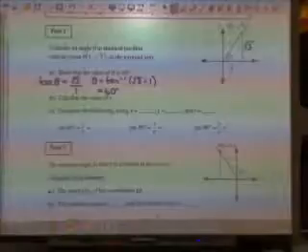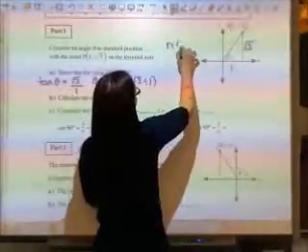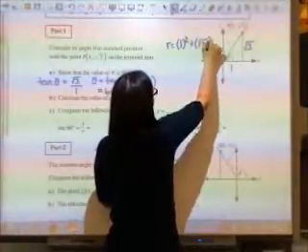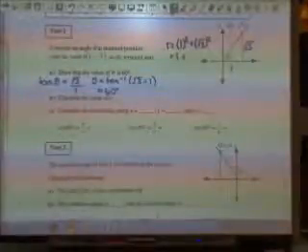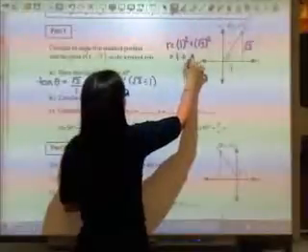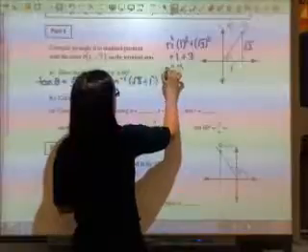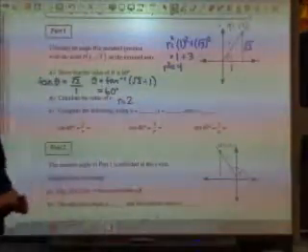If I calculate the value of r, so r squared would equal x squared plus y squared. So 1 squared is 1. What is root 3 squared? 3. 1 plus 3 is 4, so r squared equals 4, which then means that r would equal 2.